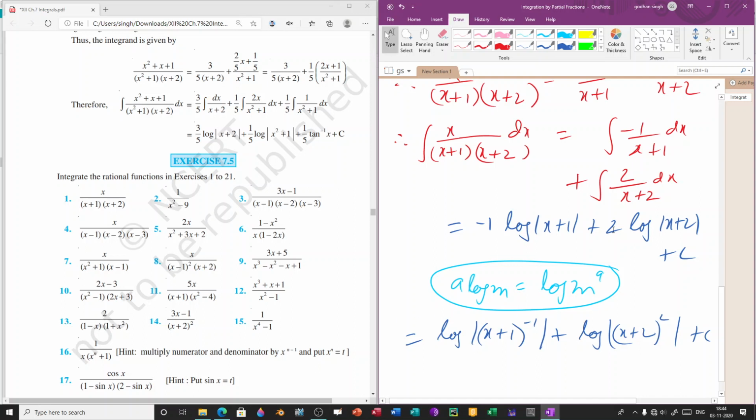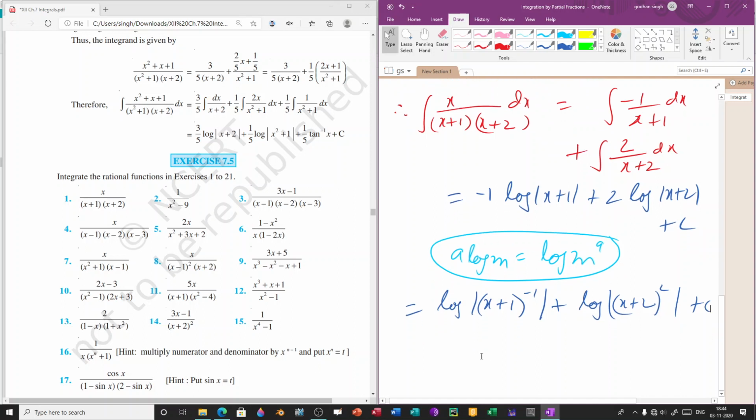Next, we will apply the formula log a plus log b is log a into b. So this can be written as log mod of x plus 1 raised to minus 1 into x plus 2 whole square, plus c. As I told you, mod is not required for x plus 2 whole square because it is positive, but x plus 1 may be negative, so we put mod overall.